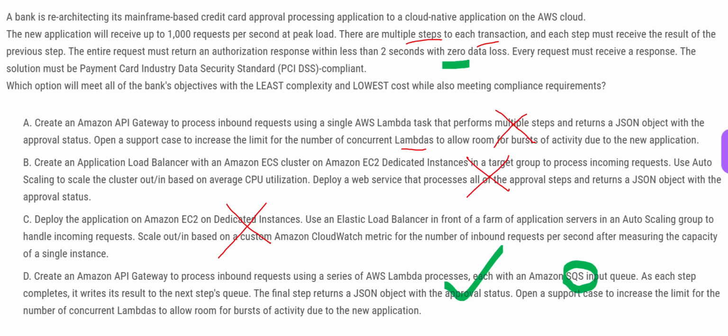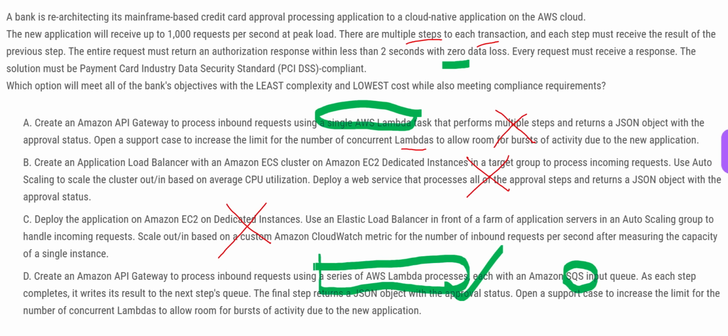Now you might say, boss, lambda is still used. See, in option A, you are using one lambda. In option D, we are going to use a series of lambda. Even if one lambda can process for 15 minutes, there will be a series of such lambdas. So that can handle the burst of activity.